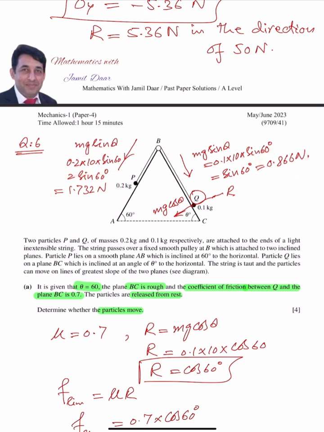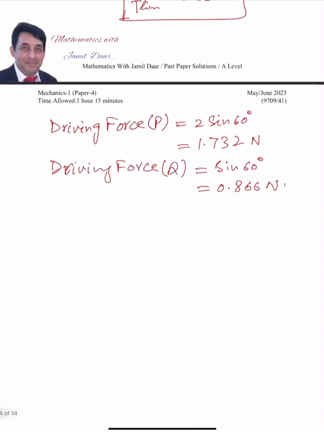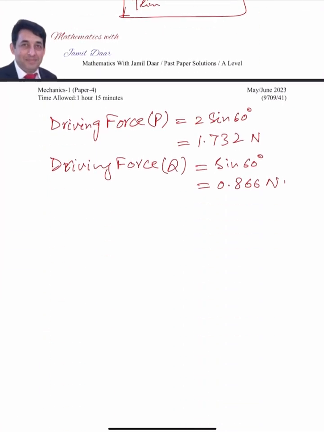So the object will try to move down, and this will try to move up, and the friction will work in the opposite direction. It will not let it go up. So in the opposite direction, this is 0.866 plus 0.35. So we'll check the total opposing resistance force.